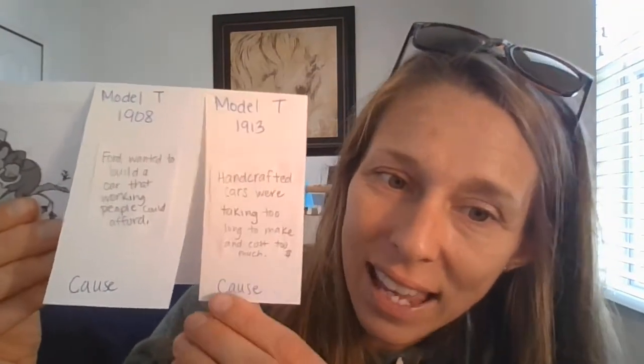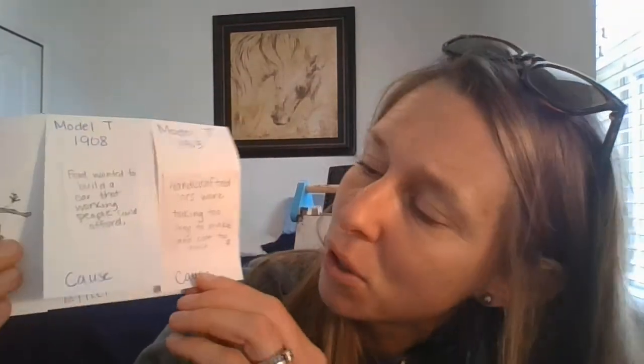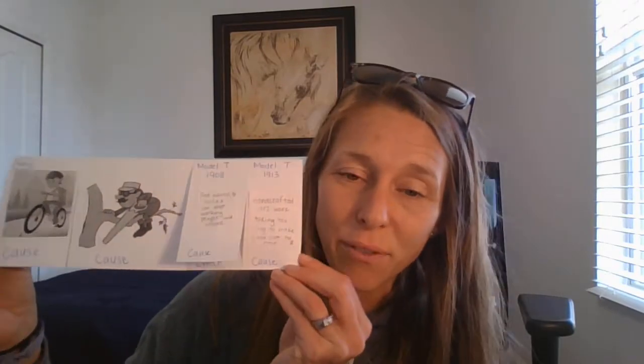Okay? Then in 1913, the handcrafted cars were taking too long to create and cost a lot of money. So Ford developed cars that did not need to be handcrafted and the assembly line, which is what he's very famous for even today.